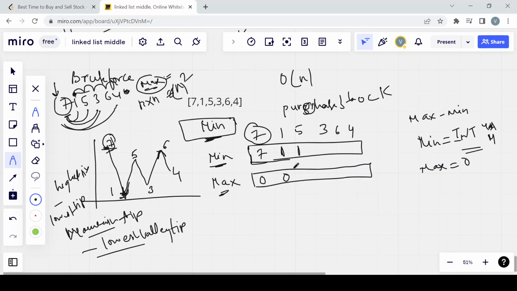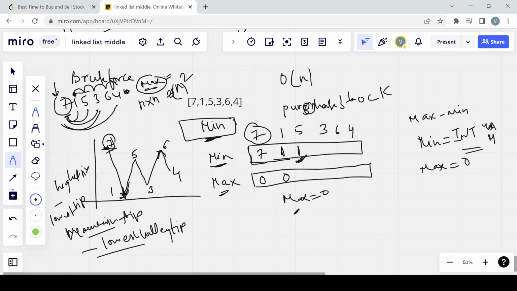Now, because we got our minimum point, we have to see for our maximum. So we'll check first what is the maximum value so far. The maximum till now was 0.